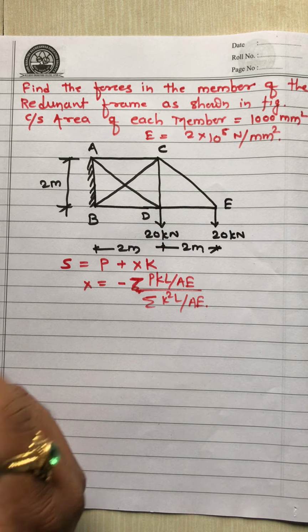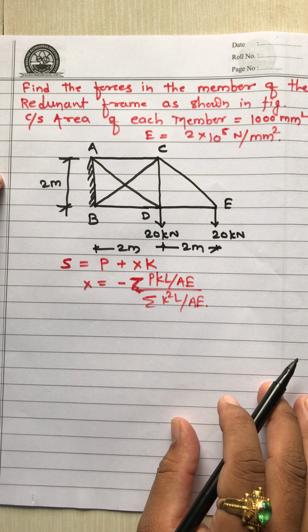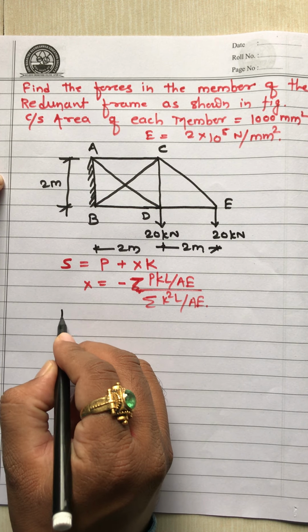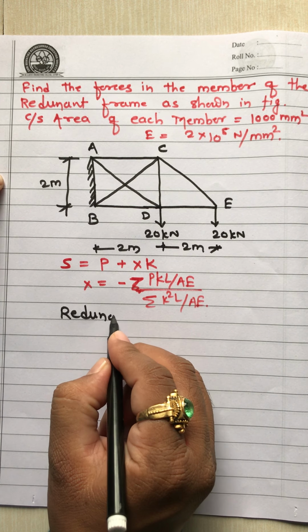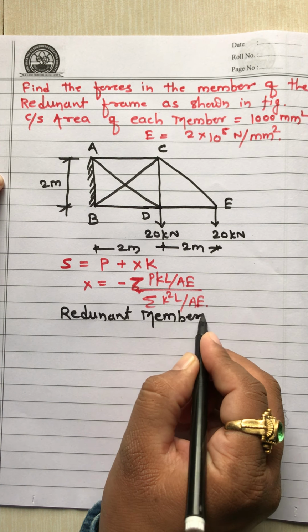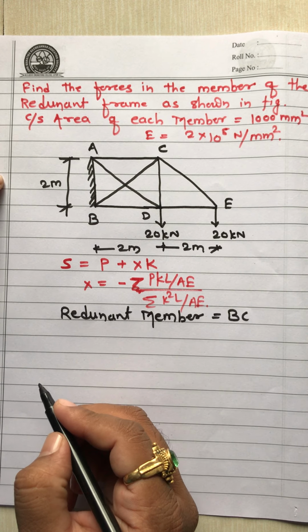So now we know this is a redundant frame, so we will choose one redundant member. I will choose the redundant member as BC.